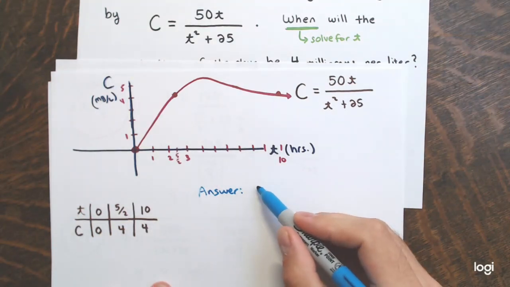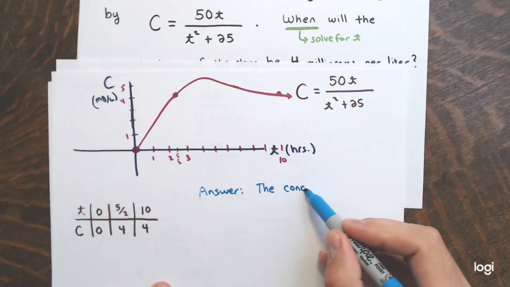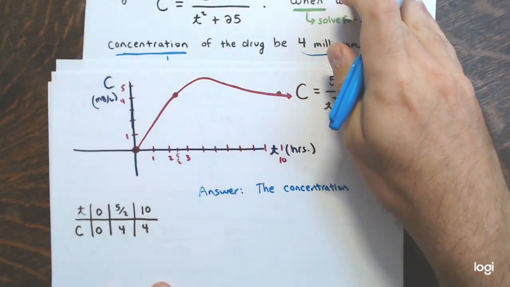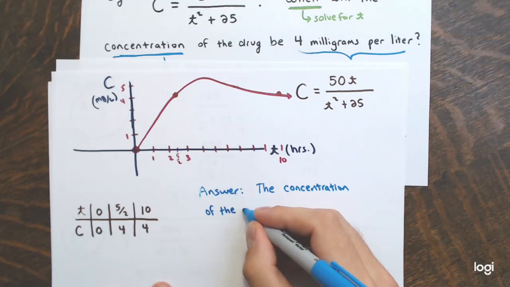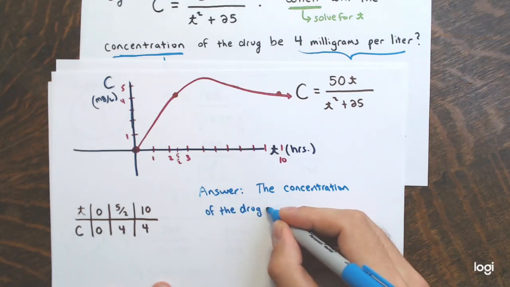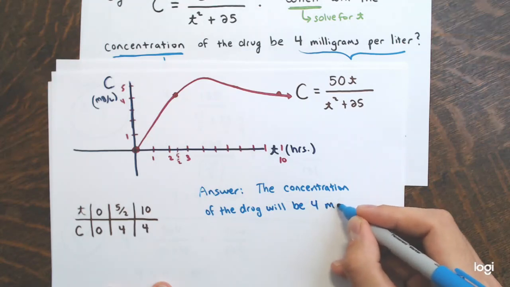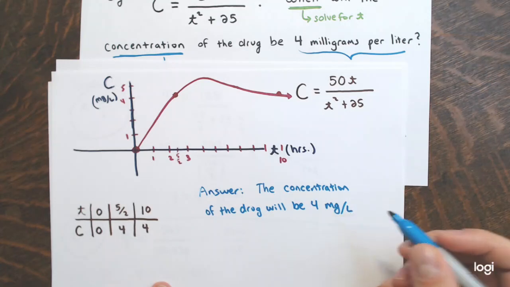So my answer then will be the concentration of the drug will be 4, I'll just put milligrams per liter, mg over L.